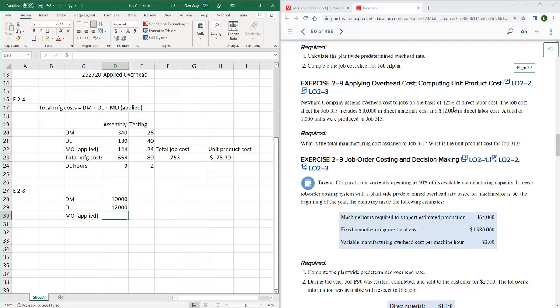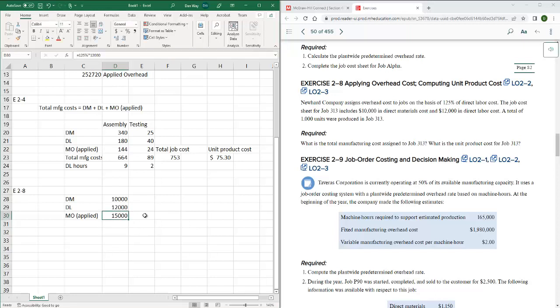So regardless of what the unit of measure is for that predetermined overhead rate, we still fundamentally do the application of overhead the same way. It's still our predetermined rate times that actual activity or allocation base. So here to apply overhead, I'm saying 125% of direct labor cost. So 125% times the direct labor cost of $12,000.